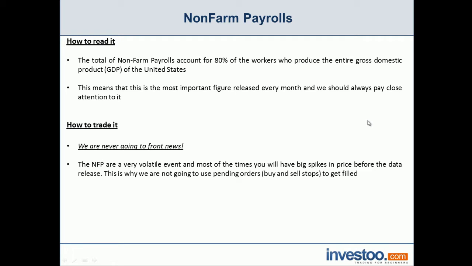We are never going to do that with NFPs, because you are going to see on the next lesson, when we go to the last NFP numbers release, that you are going to have spikes to the upside and to the downside before the news is actually released, which will mean that if you put these buy stops and sell stops, you are just going to be hunted down, and you are going to get filled on a pending order, and then get filled on a stop loss for a loss, okay?